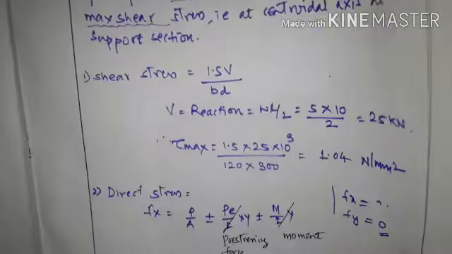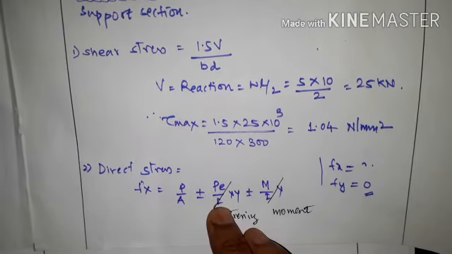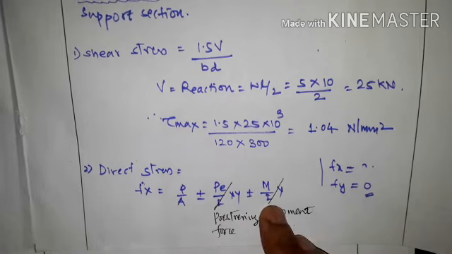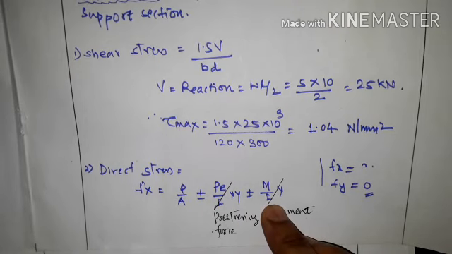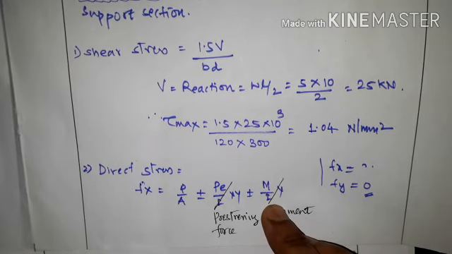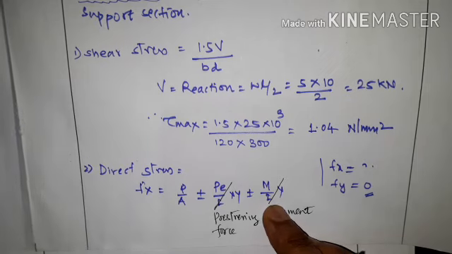So as I told you, the first term becomes 0 because there is no eccentricity, and the second term becomes 0 because there is zero bending moment at the support section.